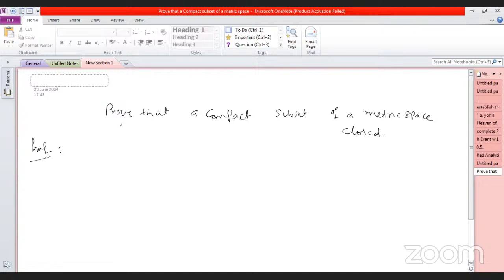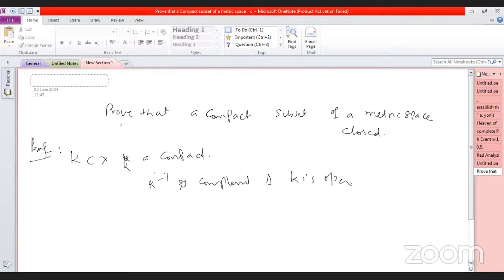Here, prove that a compact subset of a metric space is closed. So see here, let K be a subset of X. Already I told you it is compact. In the earlier classes I told you K, a subset of X, is compact. We shall prove that the complement of K, K inverse, is open.